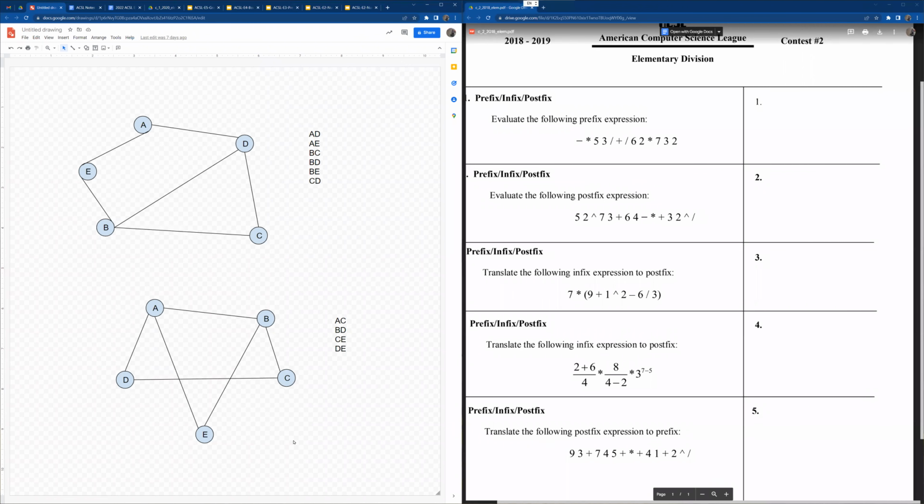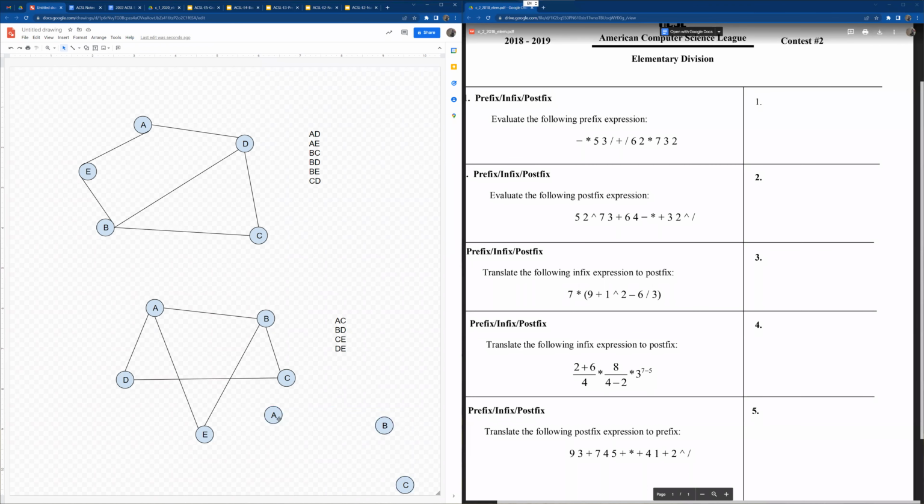Or we can say, if you have A, B, and C, if we have 3 here, logically, this is still a graph, ABC. It just has 0 edges.